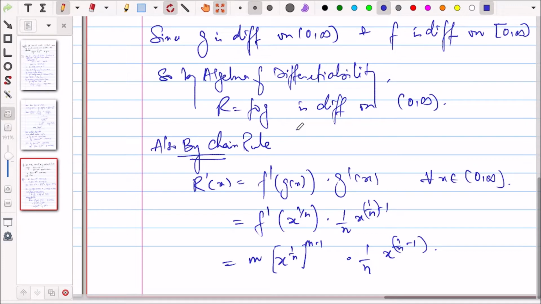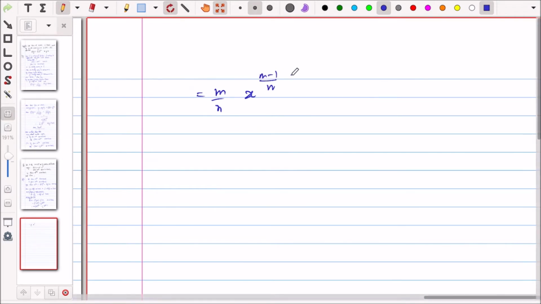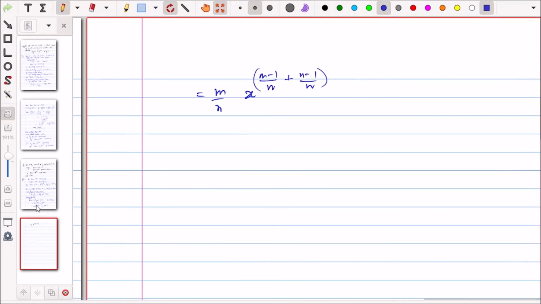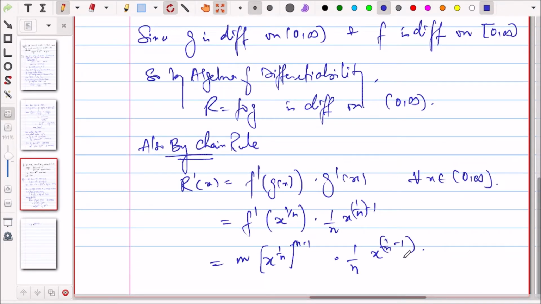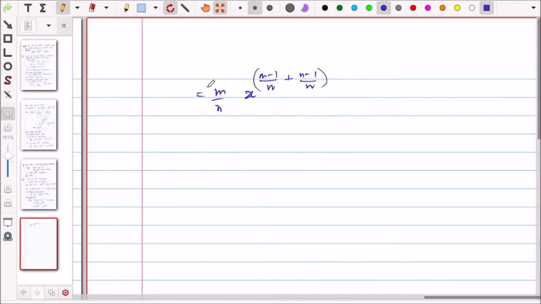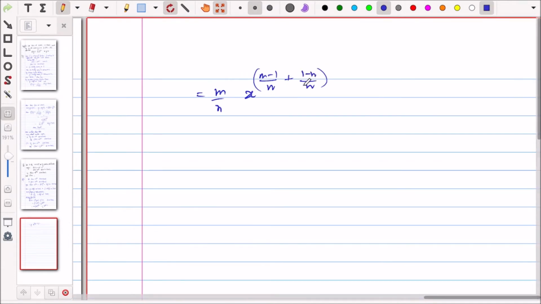Now just multiply them all. So m by n will come, and all the powers of x will be added, so you will get m minus 1 by n plus 1 minus n by n. Sorry, this is 1 minus n by n and this is m minus 1 by n, I had it reversed.